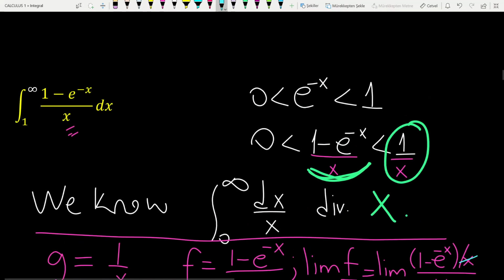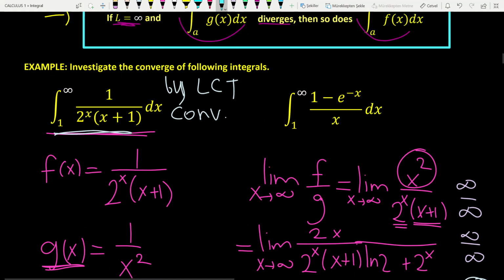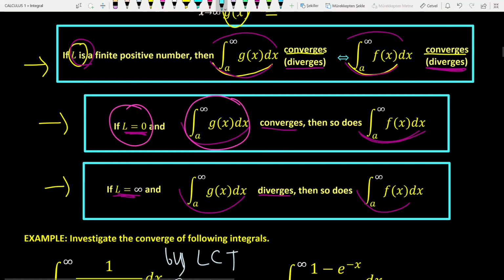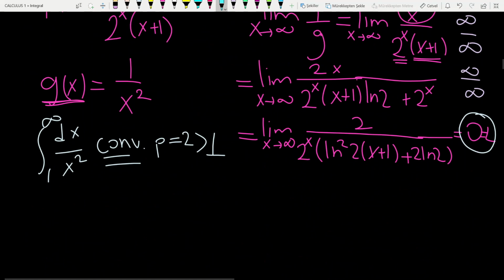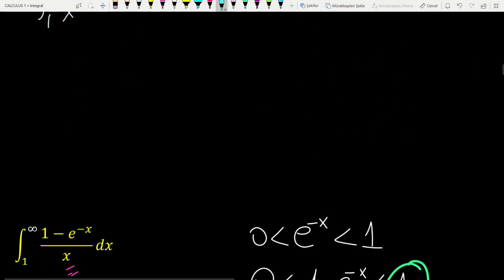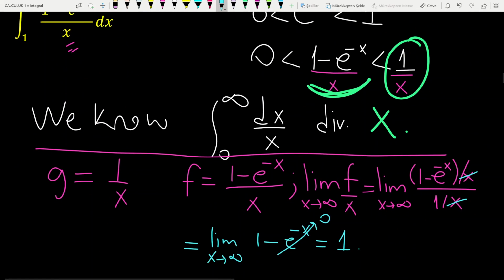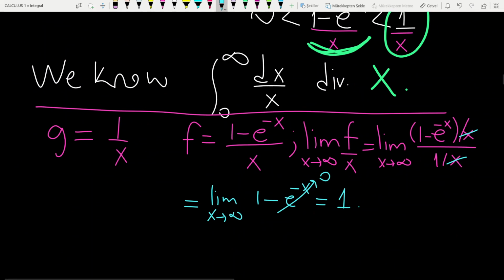Let's look at the cases again. If L is 1, what does it mean? We have the first case. The convergence types of improper integral of f and g is the same. They both converge or they both diverge. So what do we know about the improper integral of g, the integral from 1 to infinity dx over x?